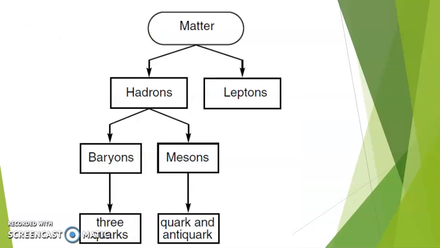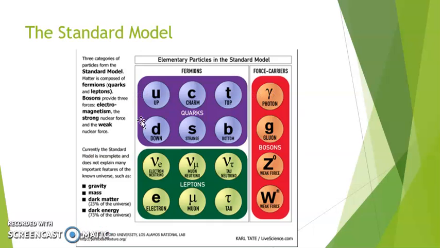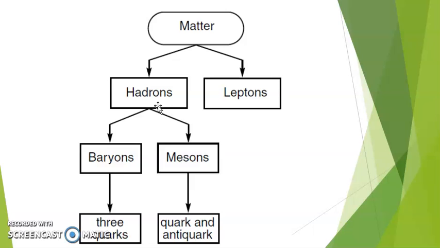The hadrons, both baryons and mesons, are made up of quarks and or antiquarks. So more than one of these comes together to form a hadron. So baryons are ones that are made up of 3 quarks. Mesons are things that are made up of a quark and an antiquark.